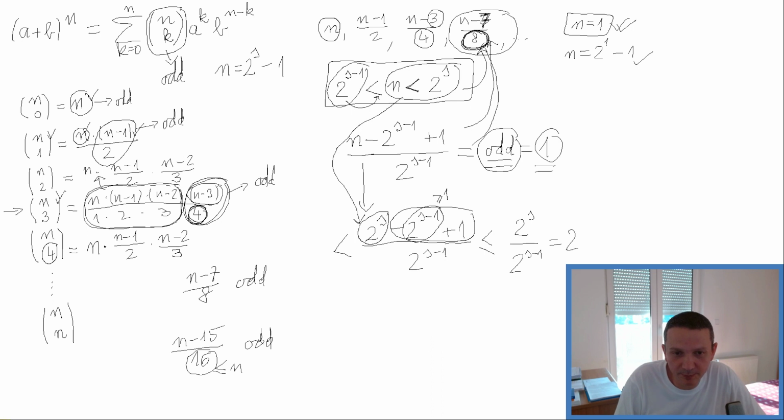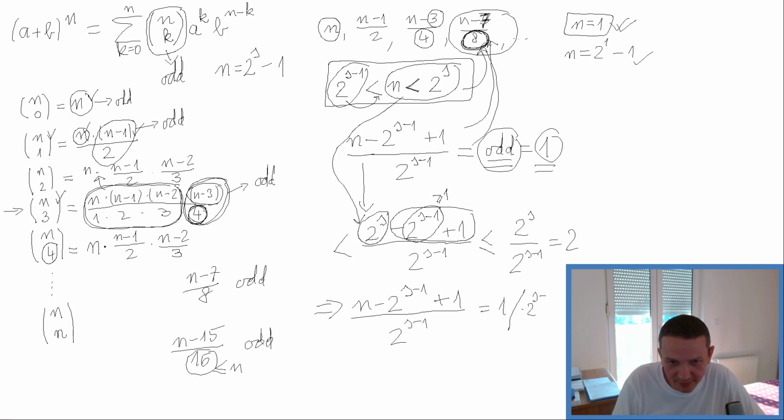So we simply conclude that n minus 2 to the power of s minus 1 plus 1, over 2 to the s minus 1, is equal to 1, and when we multiply this with 2 to the power of s minus 1, we will simply obtain that n minus 2 to the s minus 1 plus 1 is 2 to the s minus 1.